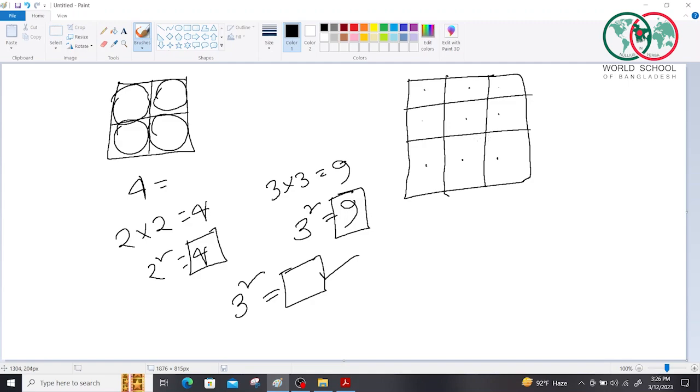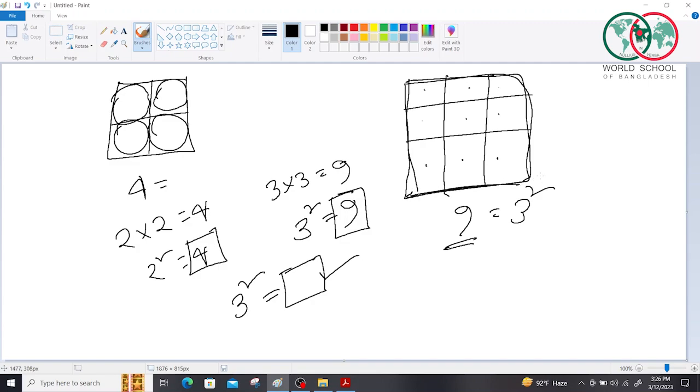My drawing is not good here, the boxes are not equal, but suppose we have gotten equal boxes. That's 9 boxes. Is 9 a perfect square? Yes, it is a perfect square of 3. So this means this is a square.